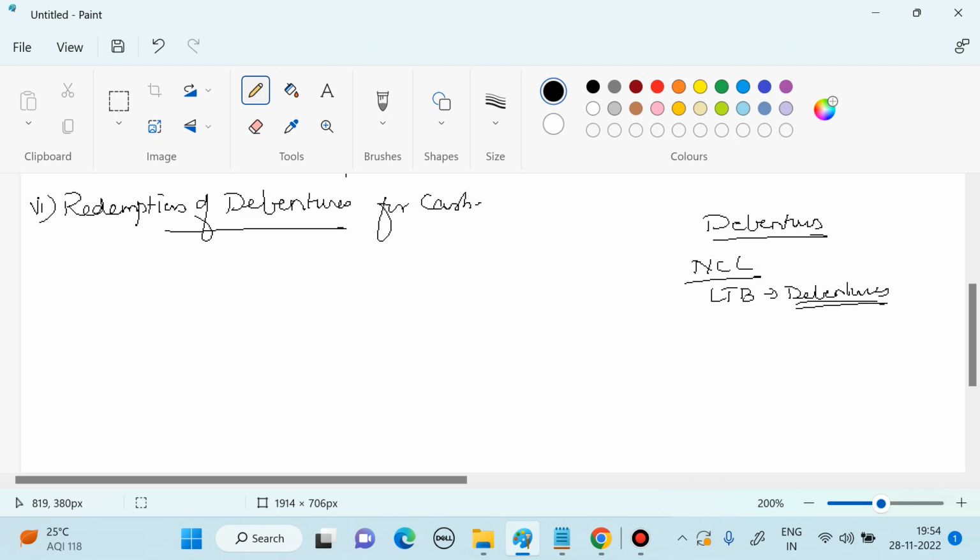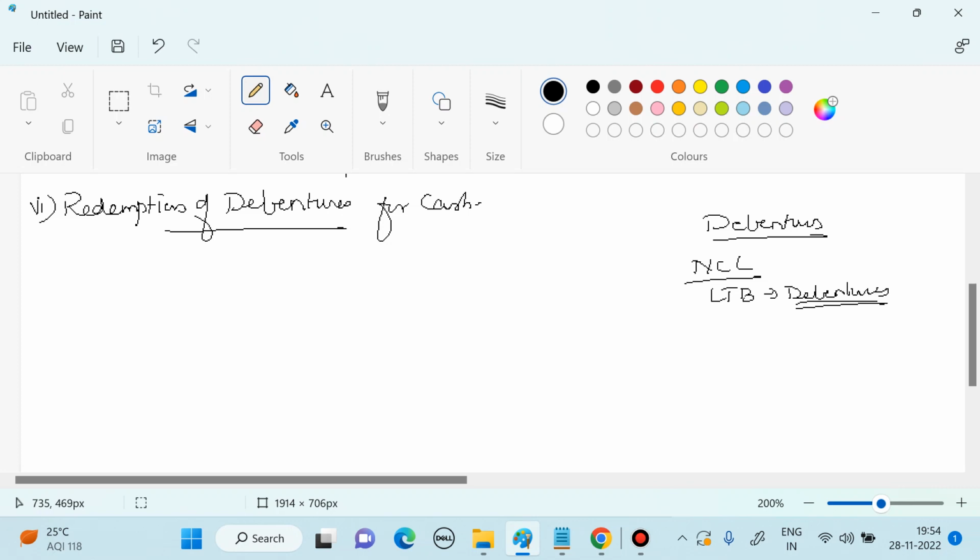Yes, ma'am. Now, when it is redeemable debentures, it is going to be redeemed in different years, or after a certain number of years, say after 5 years or 7 years. Suppose it is redeemable after 5 years. So in the 5th year, next year, 6th year, you are going to redeem it.